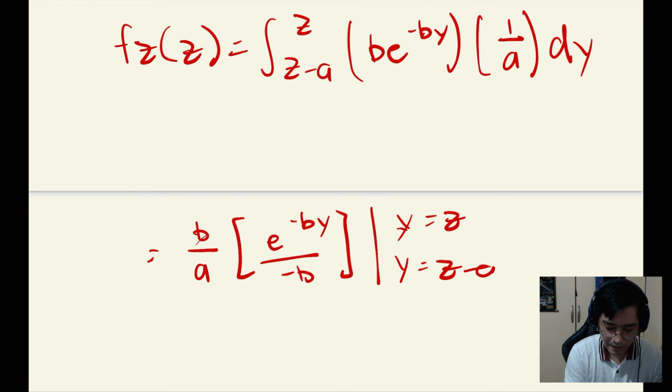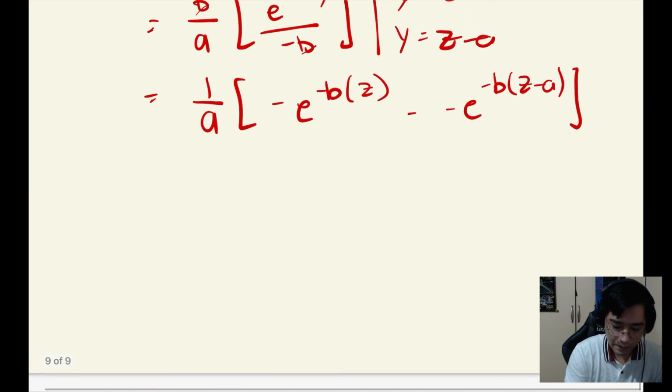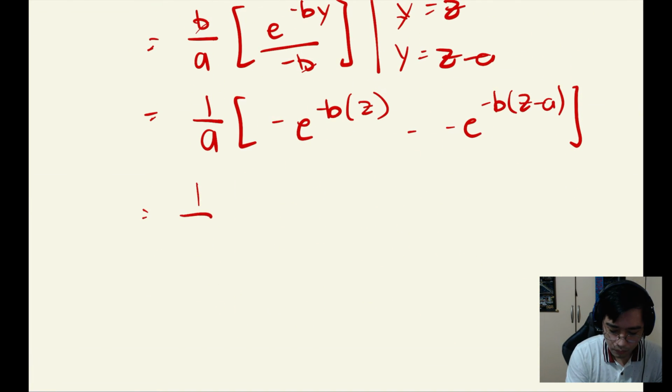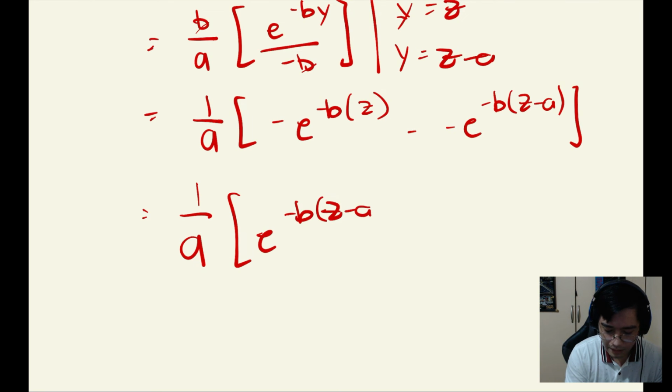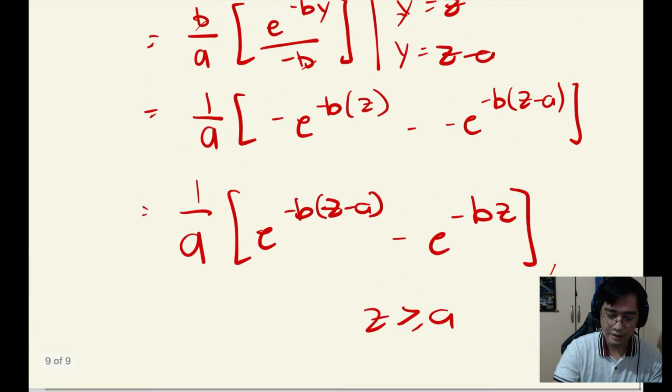So cancel. We have here 1 over a times negative e to the negative b z, minus negative e to the negative b times z minus a. And finally, we have 1 over a times e to the negative b times z minus a, minus e to the negative b z, wherein z is greater than or equal to a.